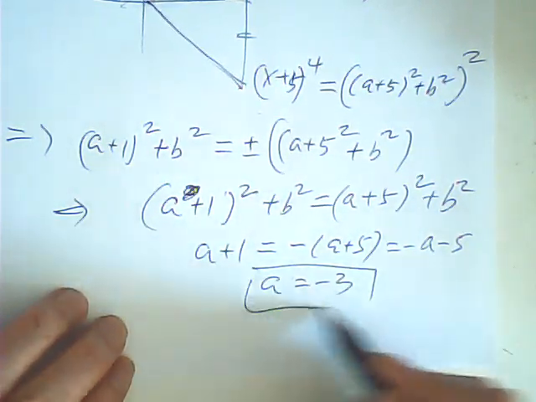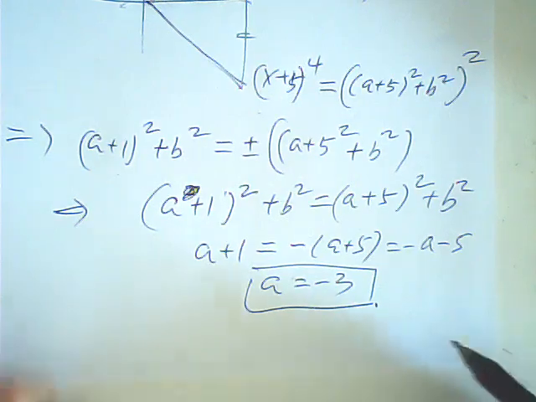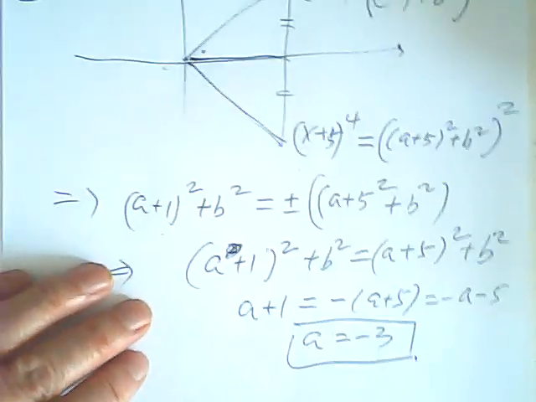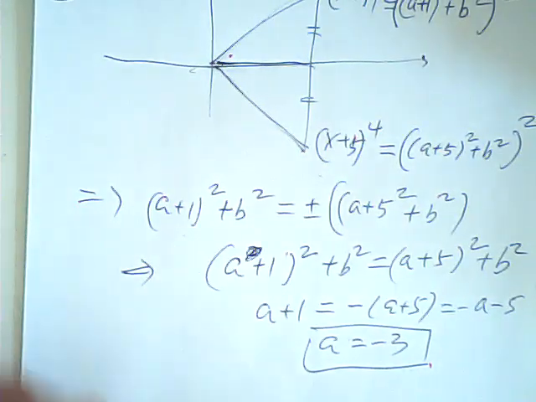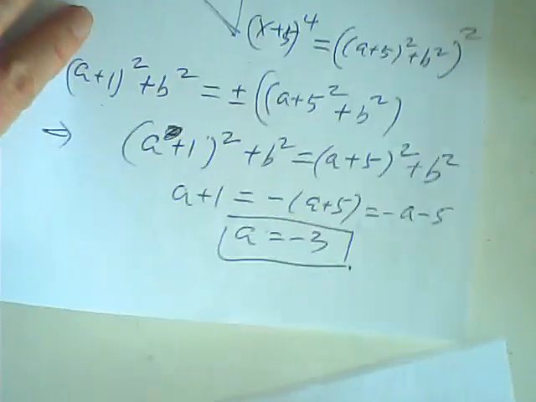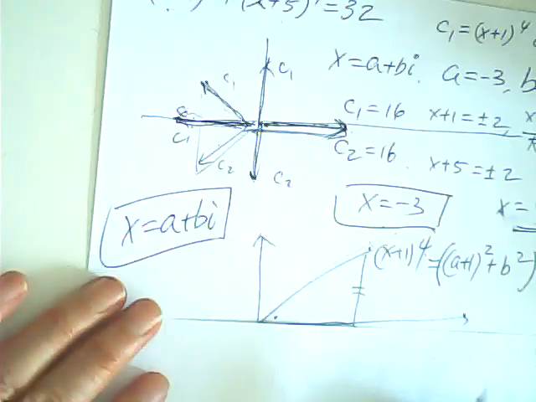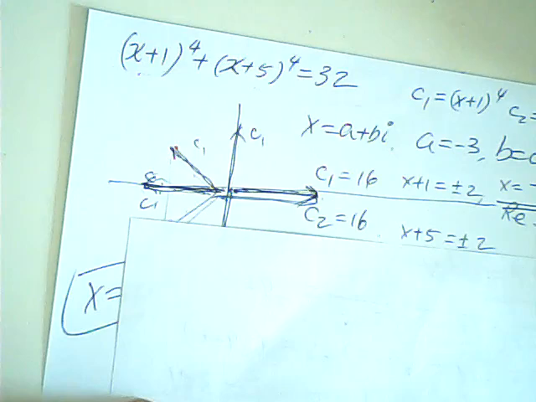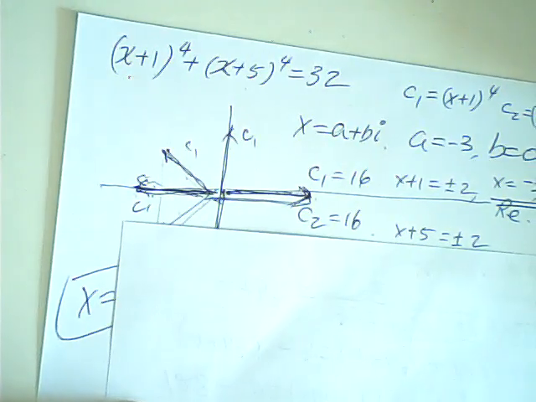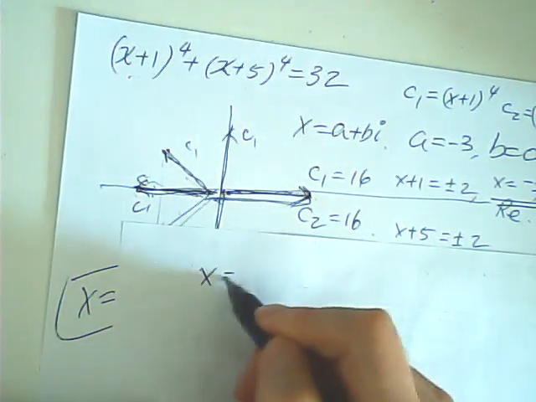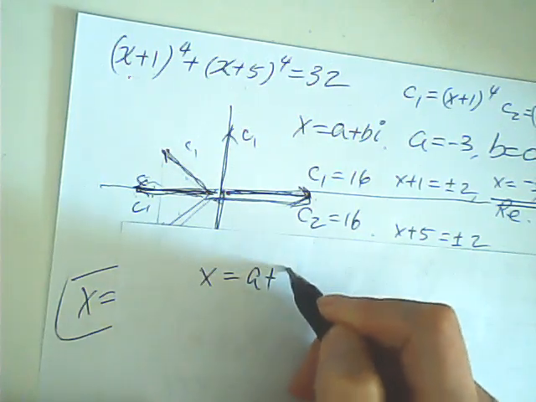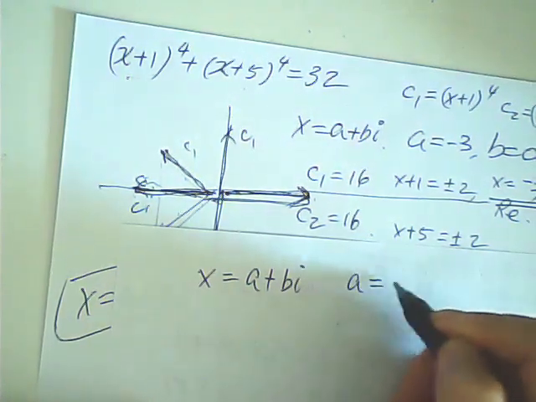So a is minus 3. And we're just looking for the b, right? B. What's b? Now, we find a is minus 3. X is equal to a plus bi, a equal to minus 3.